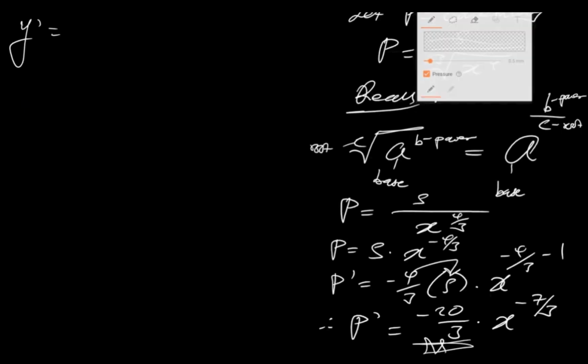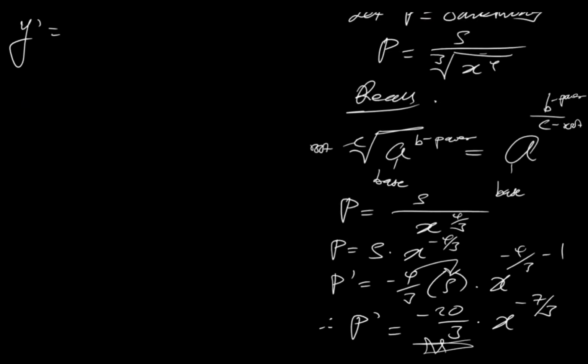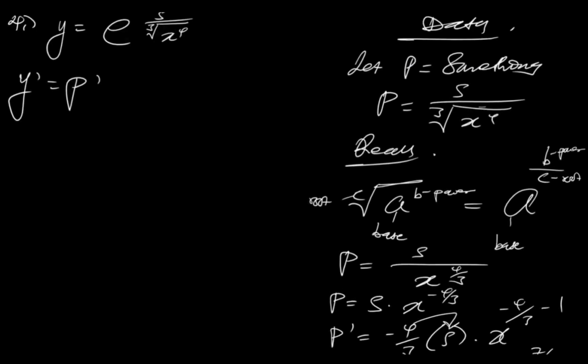Alright, so let's move on. Now that we have the derivative of the something, remember, this will now be p prime, which is the derivative of something, being multiplied by e to the something, which is e to the 5 over root of 3 x to the 4th power.